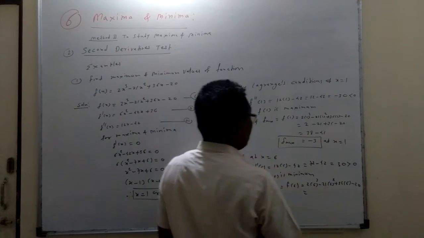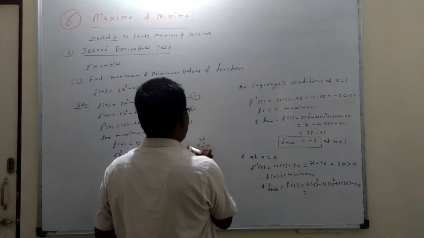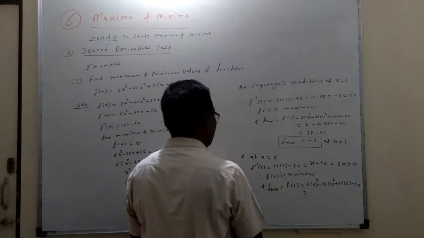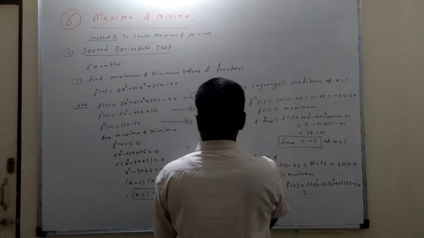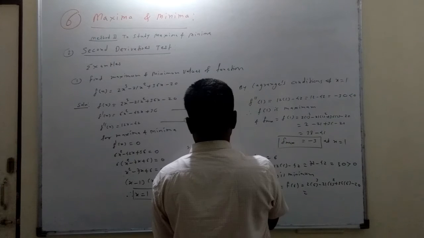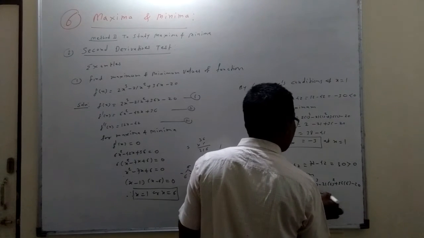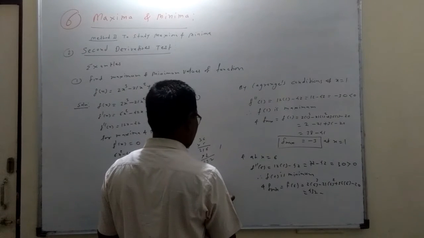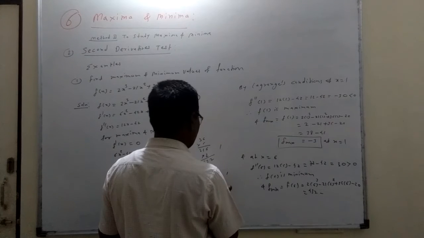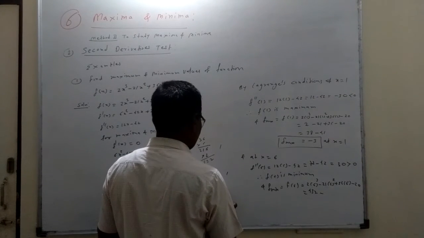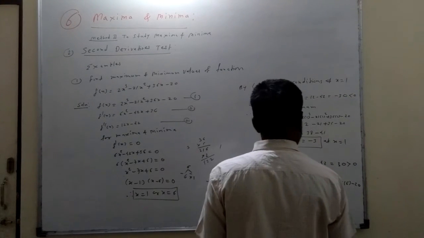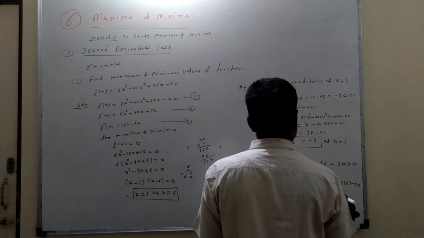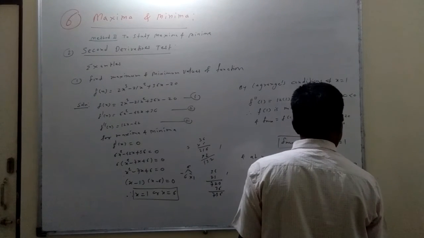So 6 cube is 216, so 432, minus 6 square is 36, 36 into 21 is 756, plus 36 into 6 is 216, minus 20.